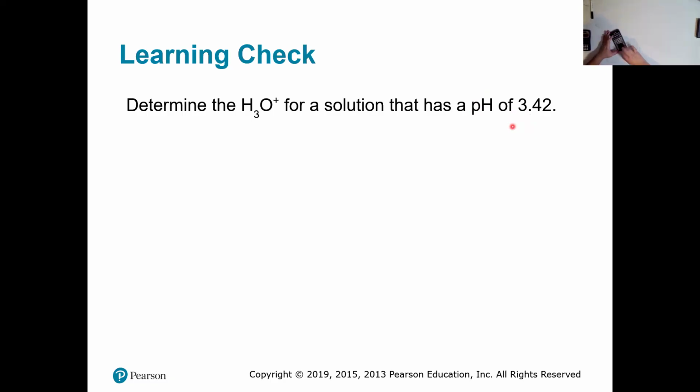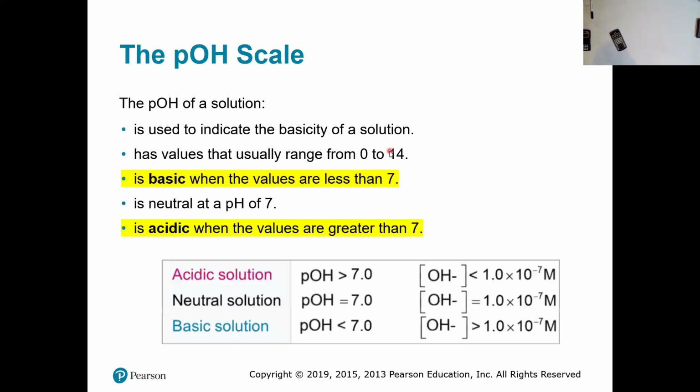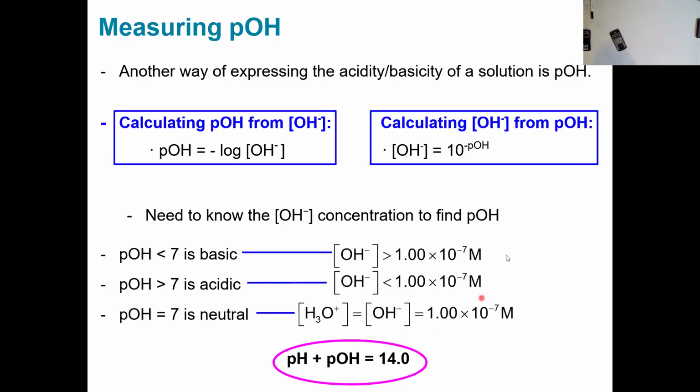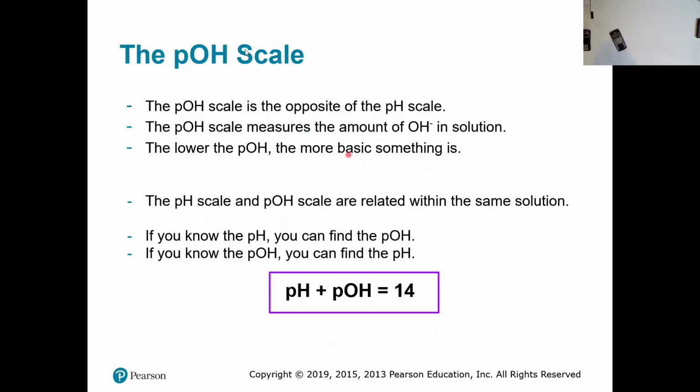So its pOH is going to be 10.58. Because pH plus pOH will always equal 14. So our pOH scale is just going to be the opposite of our pH scale.